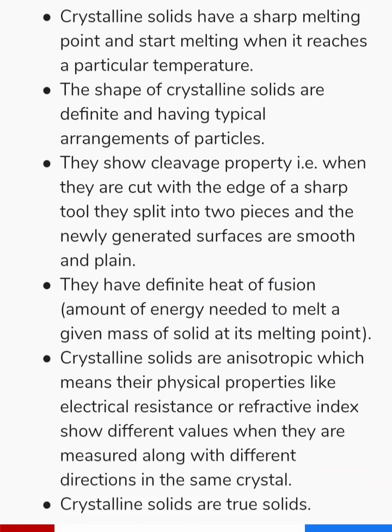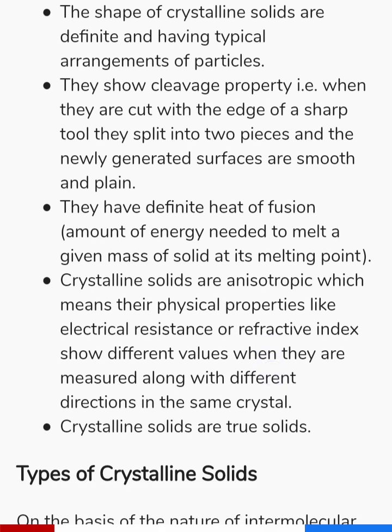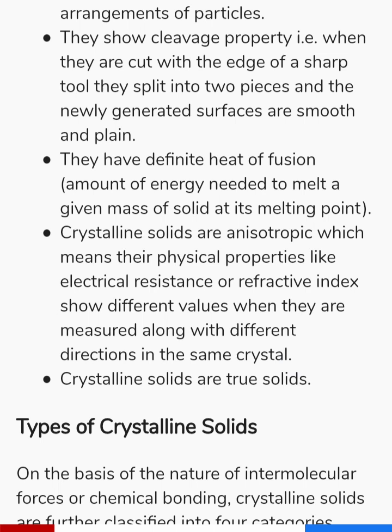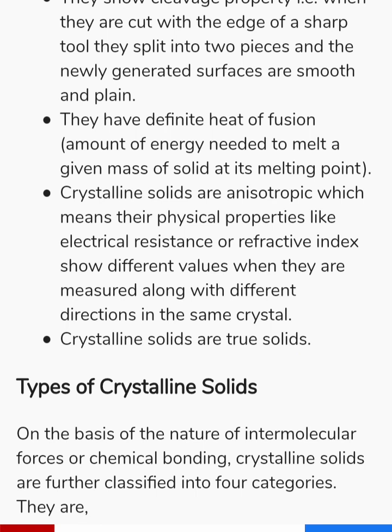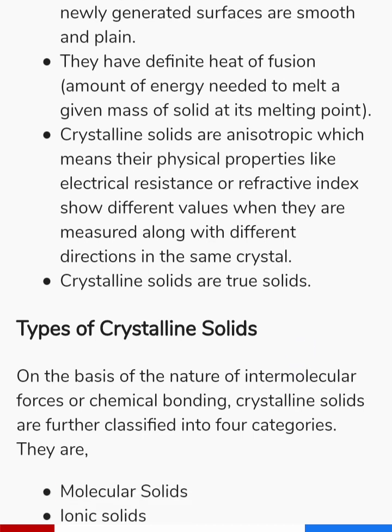Properties of crystalline solids. Crystalline solids have a sharp melting point and start melting when they reach a particular temperature. The shape of crystalline solids is definite, with a typical arrangement of particles. They show the cleavage property.